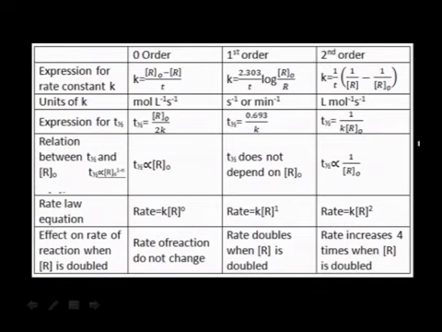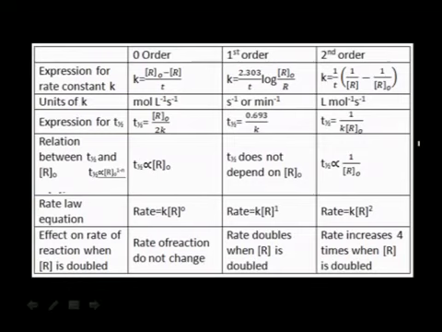When we consider reactions of zero order, first order and second order, you can compare the rate constants of each order, and you can identify the order of a reaction based on the units of rate constant, half-life variation, concentration and rate dependence, etc.